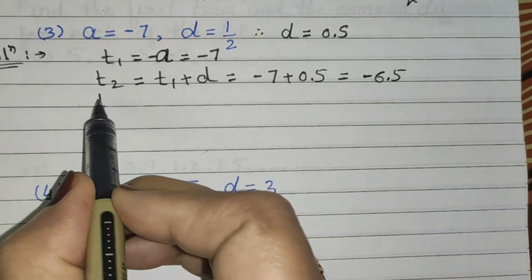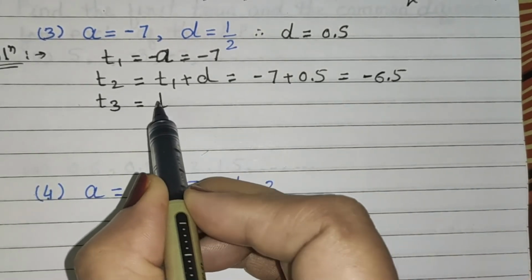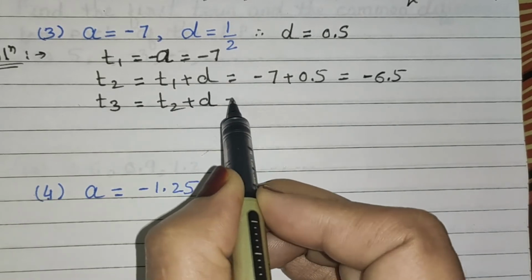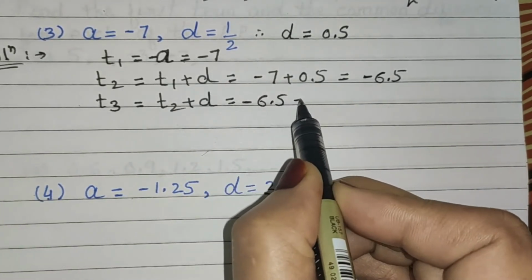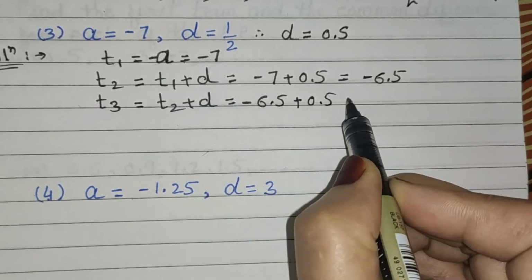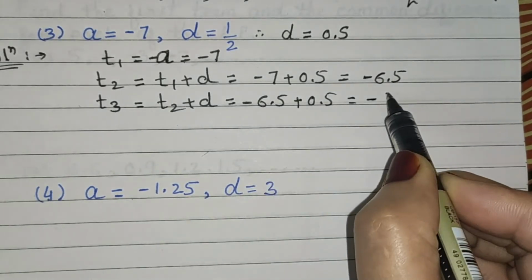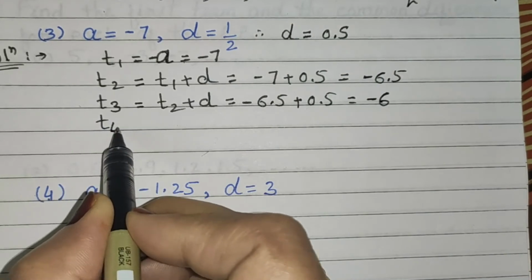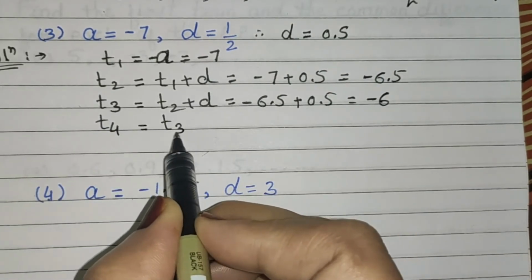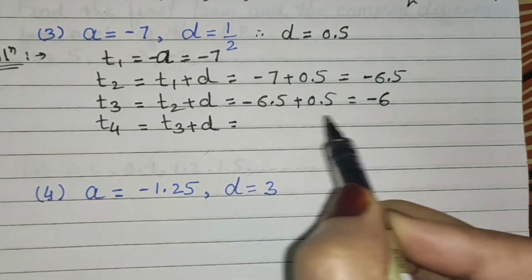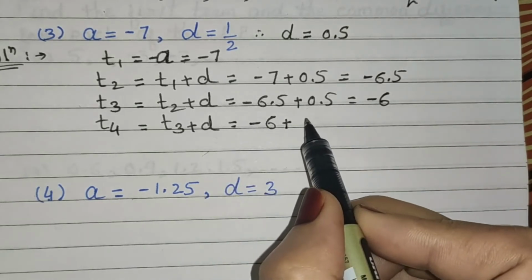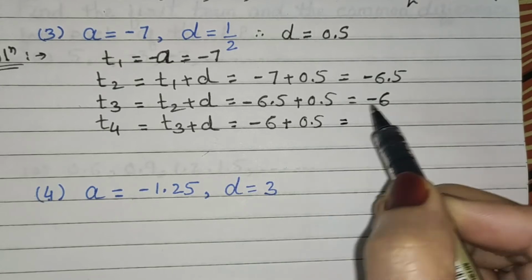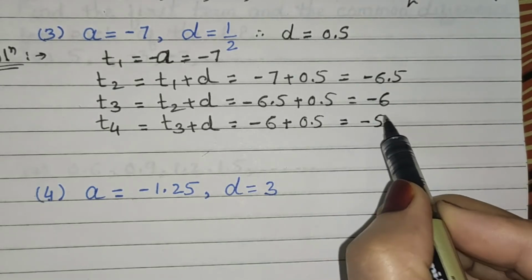Now the next, T3 is equal to T2 plus d. Now the value of T2 is minus 6.5 plus 0.5. We get here minus 6. T4 is equal to T3 plus d. Now the T3 is minus 6 plus 0.5. We get here minus 5.5.